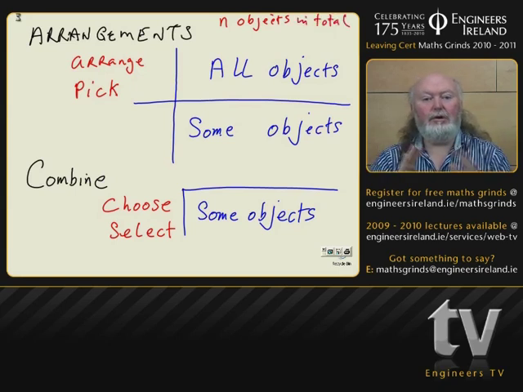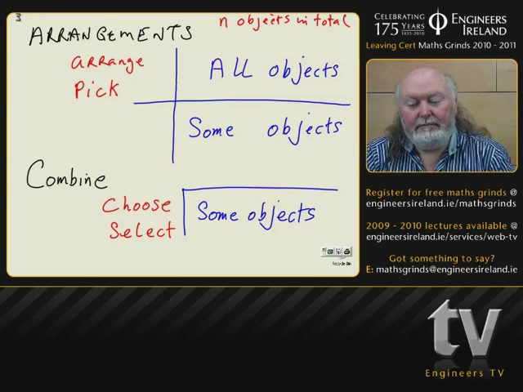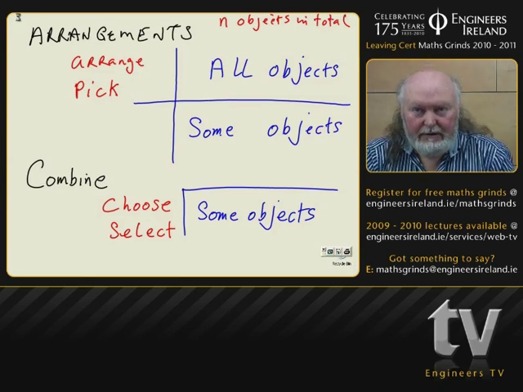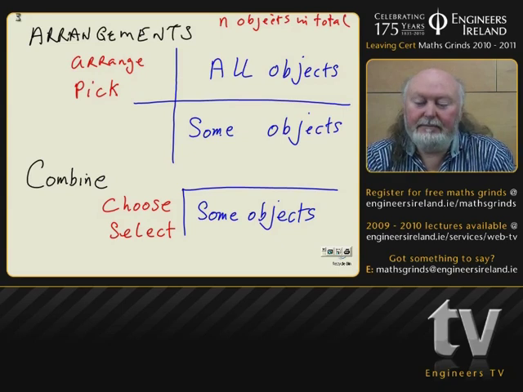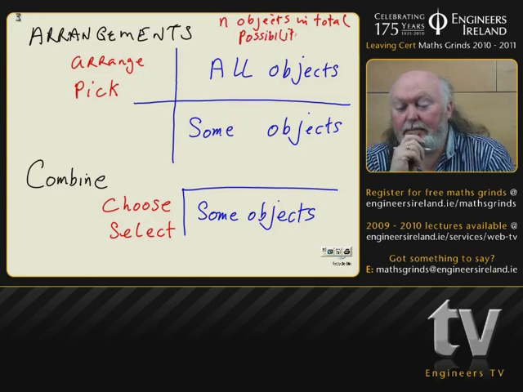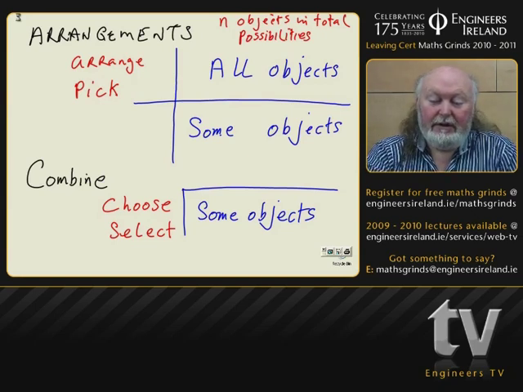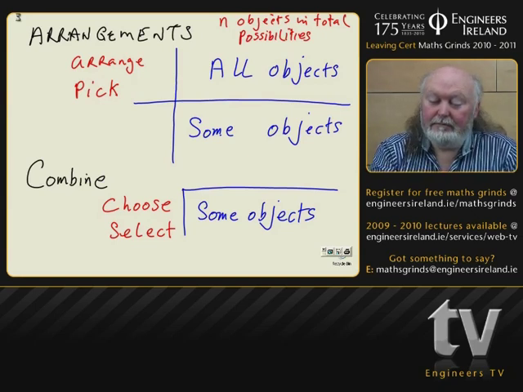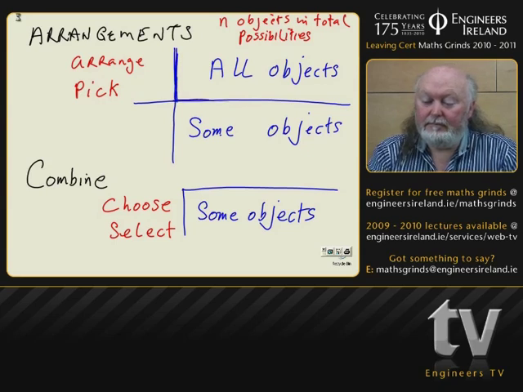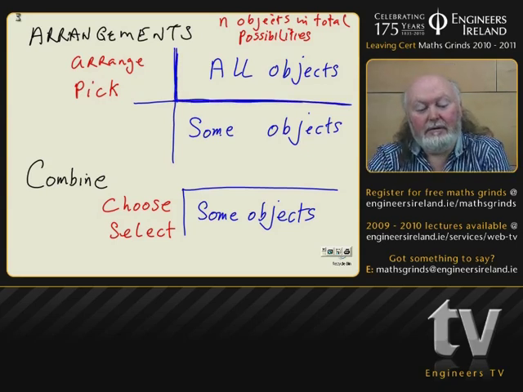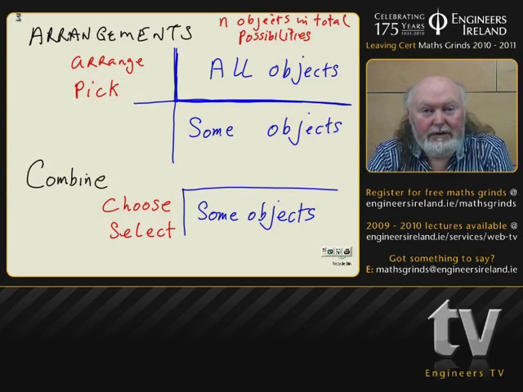If there are a total of n objects in, we'll say, possibilities, what we're basically saying is we're going to start looking at arranging all of those n.